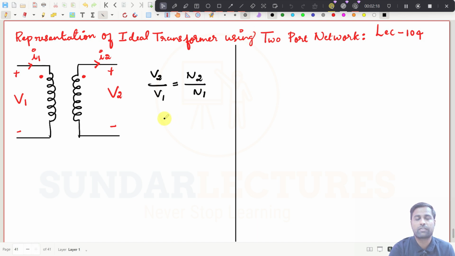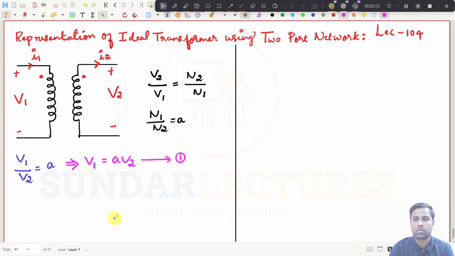So in general, we can write N1 by N2 equal to a. We can write like this, right? So now I will write this equation. V1 by V2, you just invert this one, can be written as a. In other words, this equation can also be written as V1 is equal to a into V2. Let this be expression number 1, right?